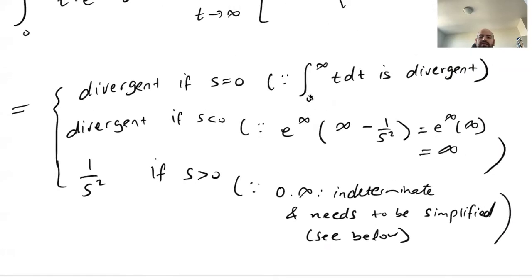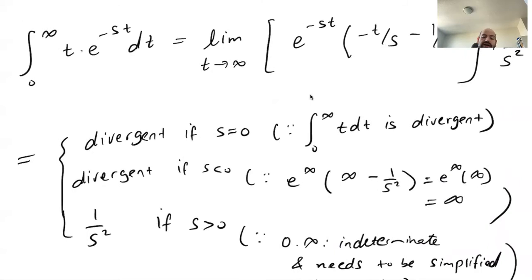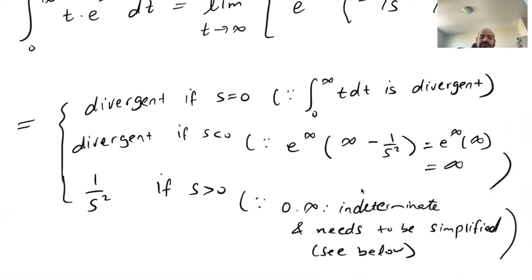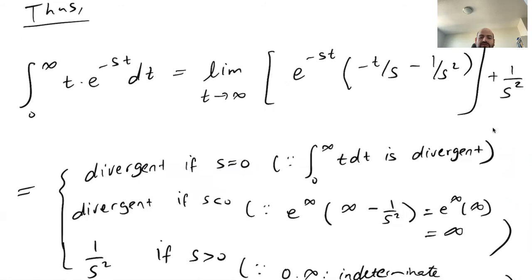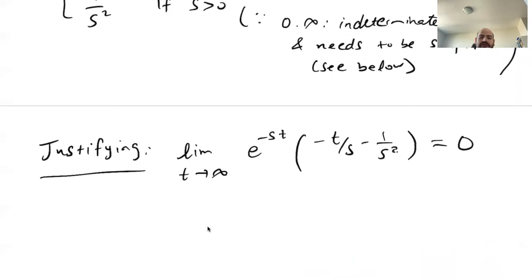I will verify it using L'Hopital's rule, because we just saw it's 0 times infinity and it's indeterminate. We have to use L'Hopital's rule or another way to simplify, but in any case, it has to be simplified. And once we simplify and verify that this limit is 0, then 0 plus 1 over s squared will be simply 1 over s squared.